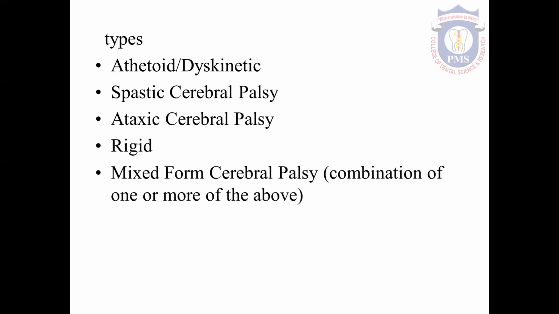Then we have the ataxic type of cerebral palsy. Then there is rigidity. And finally, it can be mixed, a combination of the above. That is spastic and athetotic combined, or spastic and ataxic combined, or spastic, ataxic and rigidity combined. So a mixed type is also possible.